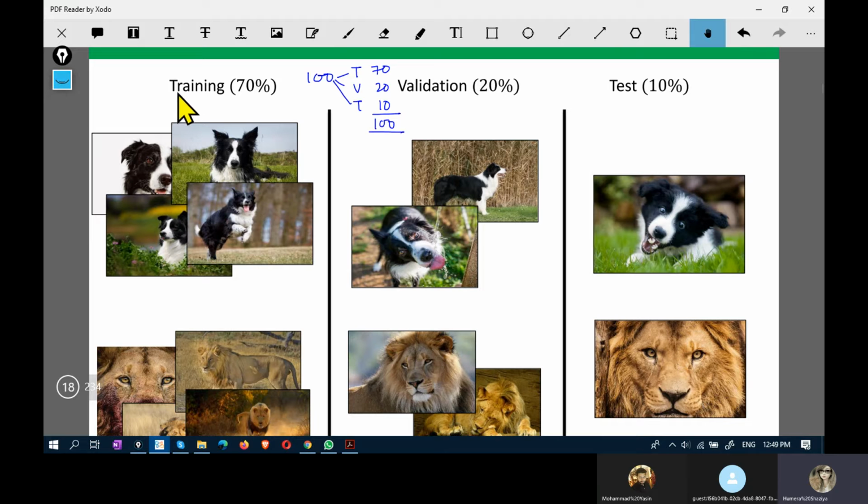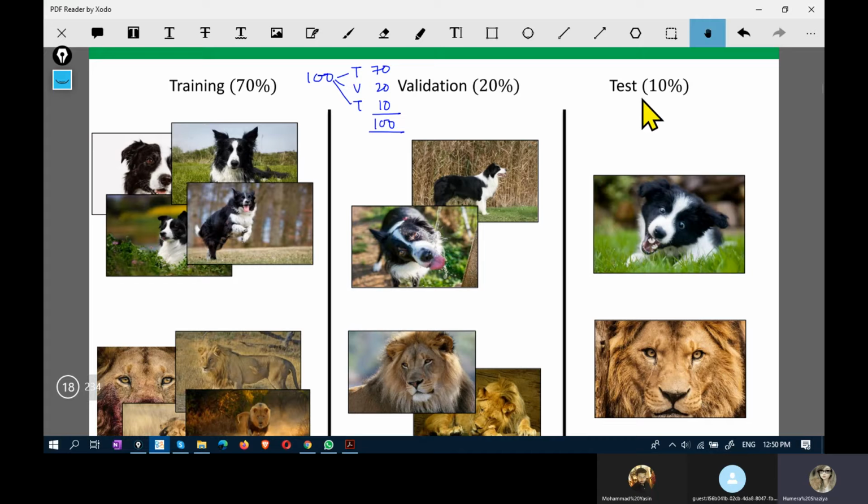You train the model using 70% of the images, 70 images chosen randomly, and the other 20 images chosen randomly will be used for validating. Validating means verifying the results of the model. If required, you can adjust the hyperparameter. You can tune the hyperparameters.